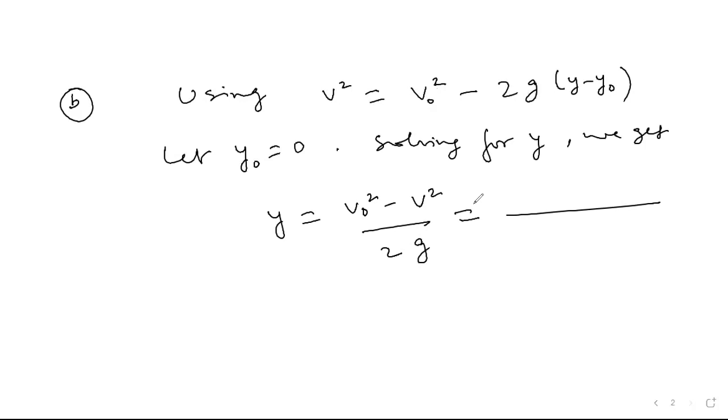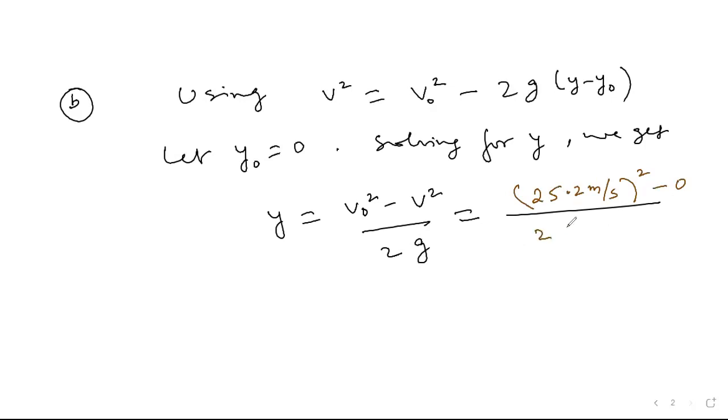So let us put the numbers. Let me use another color here. v naught is the initial velocity, the velocity with which ball is vertically thrown upward, which is 25.2 meter per second, and there is square. Final velocity is 0, the velocity at the highest point.